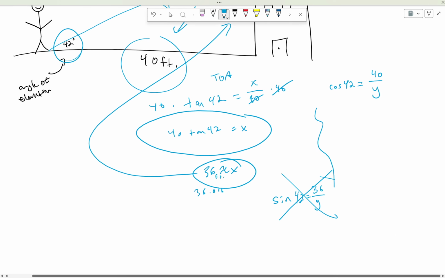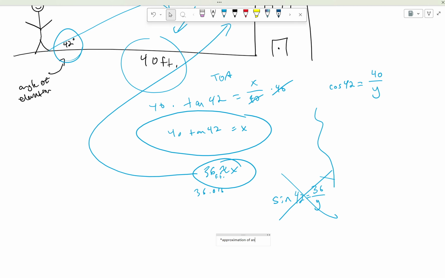I don't want to do it this way because, as we've talked about before, the 36 is an approximation. We talked about this before, the King James Bible, an approximation of an approximation. It's just doubly bad.